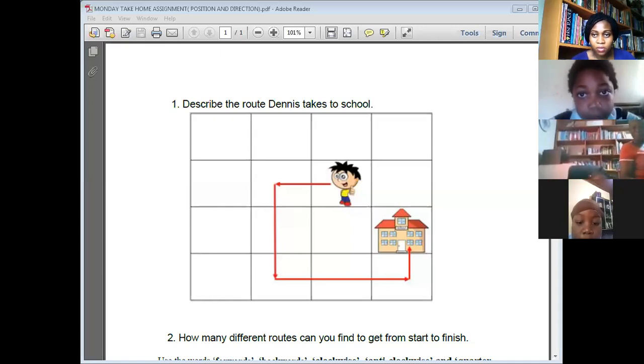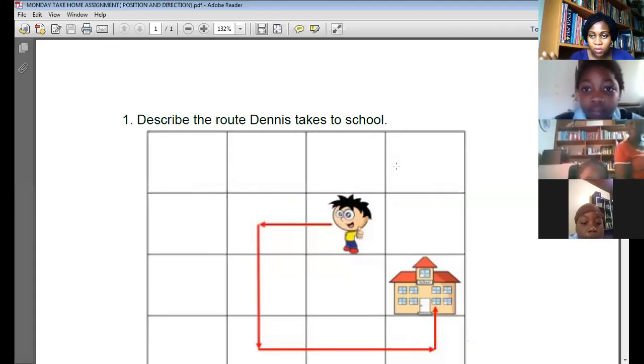Can you all see my screen? Give me a wave if you can see the screen. Okay, so this is our homework for today.